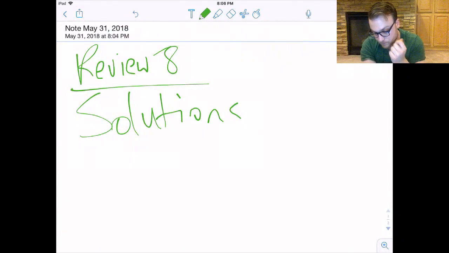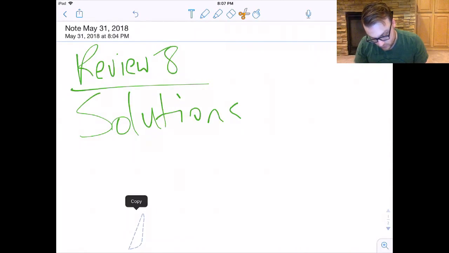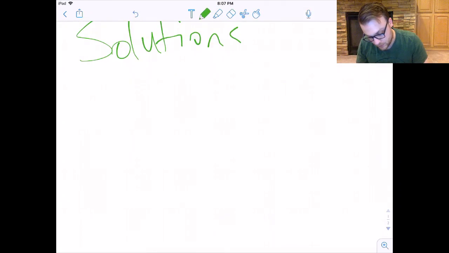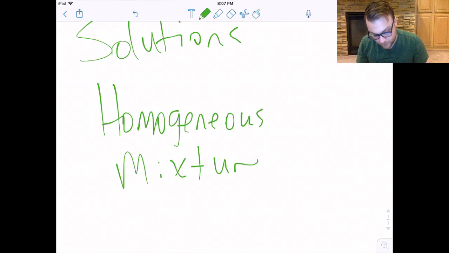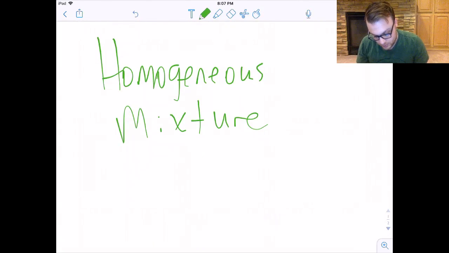So let's get going. What is a solution? A solution is a homogeneous mixture, meaning when you form a solution, it's fully dissolved.